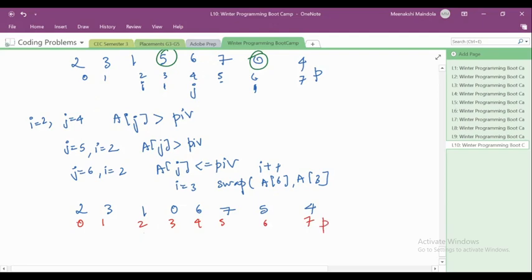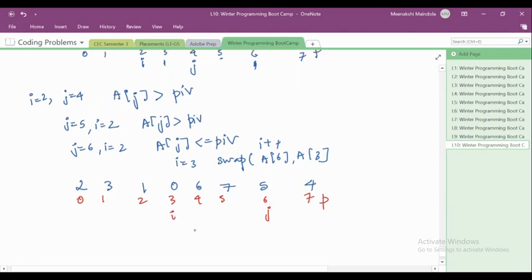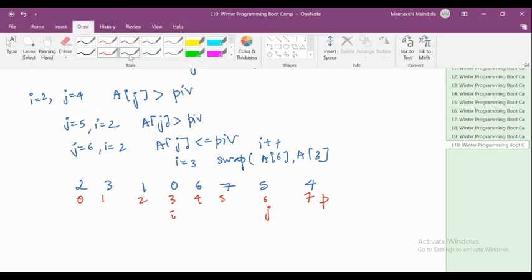Pivot was here. j had reached here and i was at 3, right? Now what will you do here? j has actually reached the high index minus 1 position. j has reached here. This means the j loop has ended. So for those who did not understand why we are swapping a of i plus 1 and a of high, now is the time.